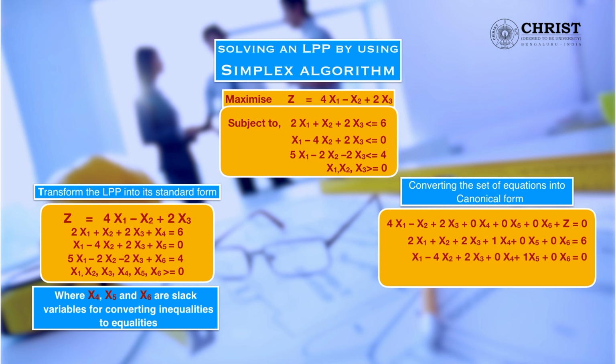The third equation will appear like x1 minus 4x2 plus 2x3 plus 0x4 plus 1x5 plus 0x6 is equal to 0. The last equation will look like 5x1 minus 2x2 minus 2x3 plus 0x4 plus 0x5 plus 1x6 equal to 4.